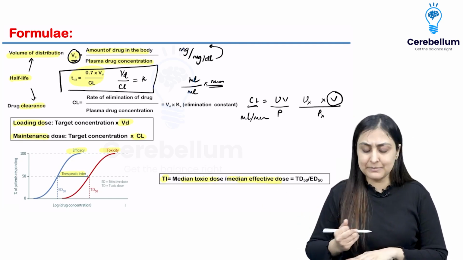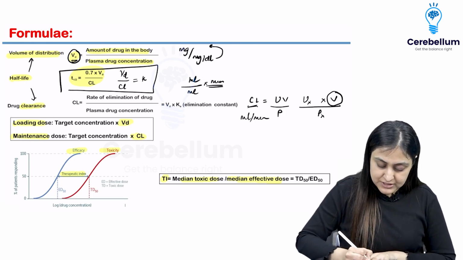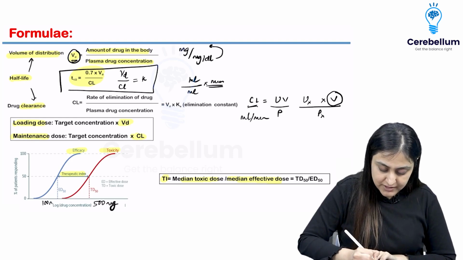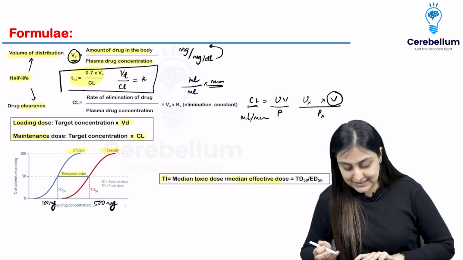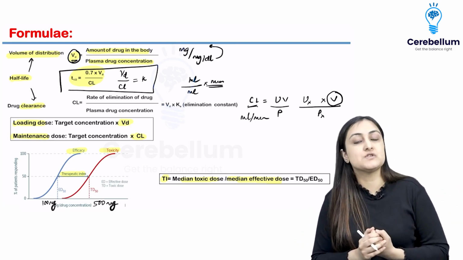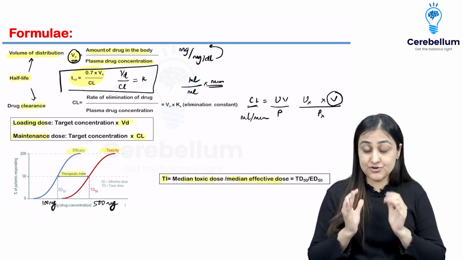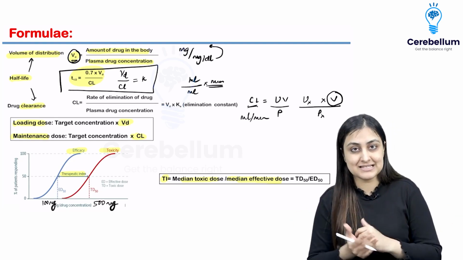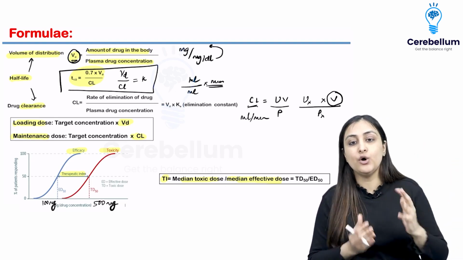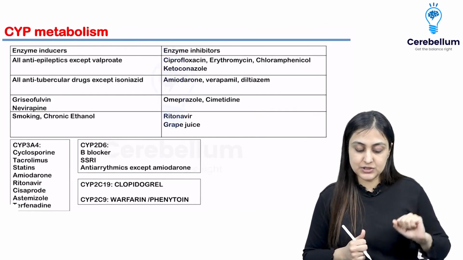TD or LD basically means the same thing. So if they tell you that the toxic dose is say 500 mg, whereas the efficacy dose is 100 mg, the therapeutic index becomes 5, right? So this is how you could get questions. What you also want to remember here is that drugs with narrow therapeutic index, like we've done MgSO4, lithium, theophylline, all of these have a narrow therapeutic index. So this is about this.